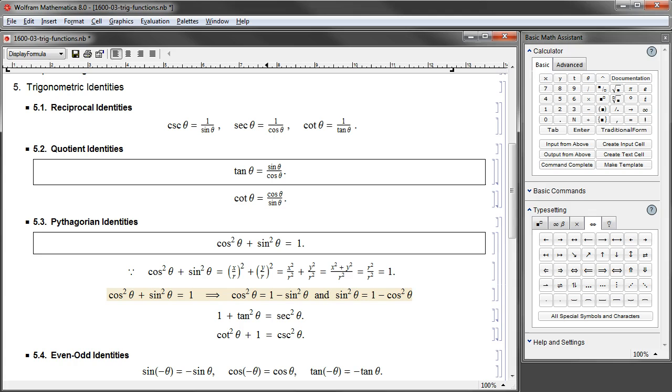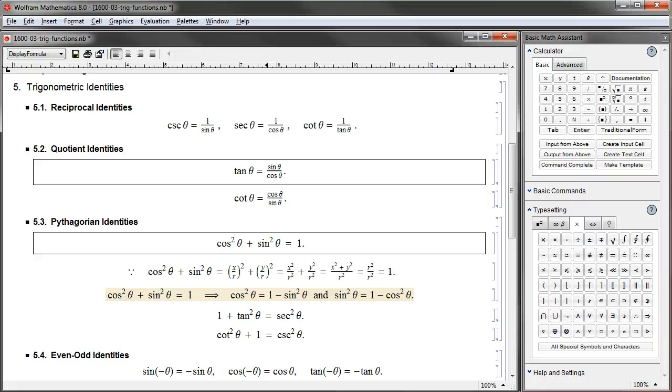So depending upon the circumstance, when you have to express sine in terms of cosine, you'll have to use this. When you have to express cosine in terms of sine, you'll have to use that. So that's one of the implications. Cosine squared and sine squared are interchangeable.